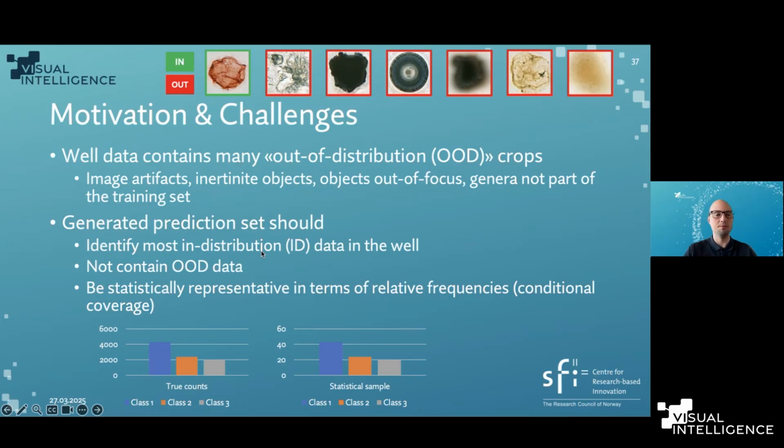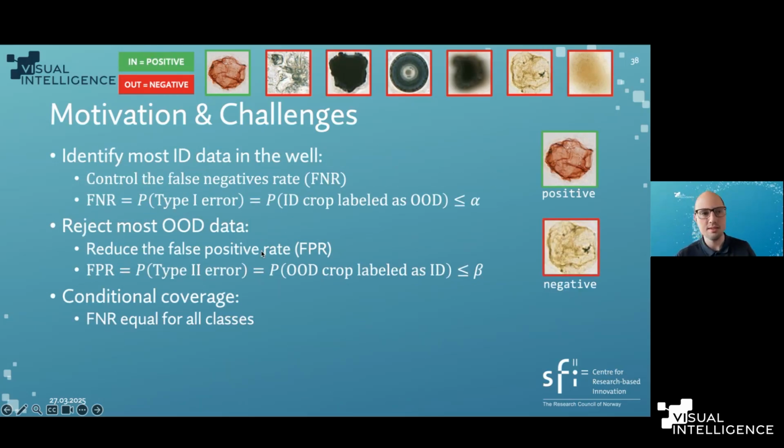And yeah, we define in-distribution data in this context as belonging to one of the 20 classes that we have in our training set, and everything else we label as out-of-distribution. So to translate this to statistics, if we define an in-distribution crop as a positive and an out-of-distribution crop as a negative, we would like to control the false negative rate.